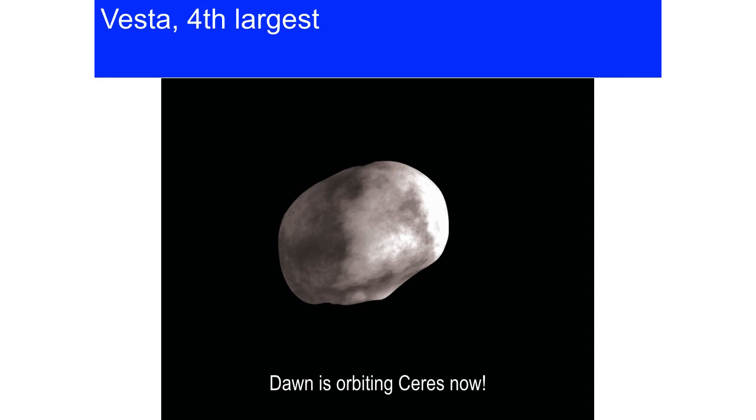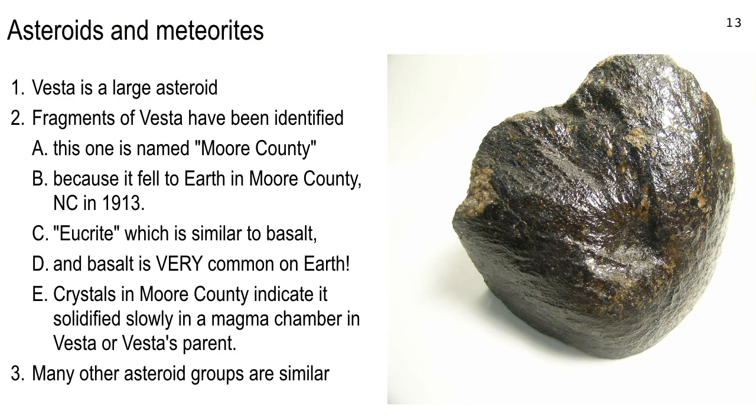Matter of fact, here's some additional notes on Vesta. This one is a meteorite. It is a fragment of Vesta that got blown away, perhaps in that collision that blew most of it apart.